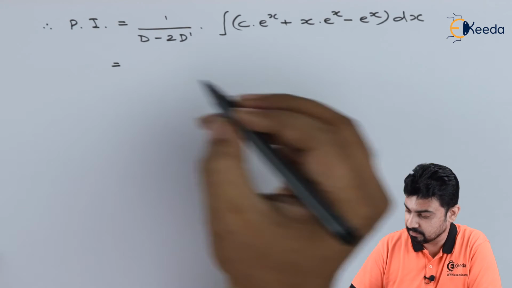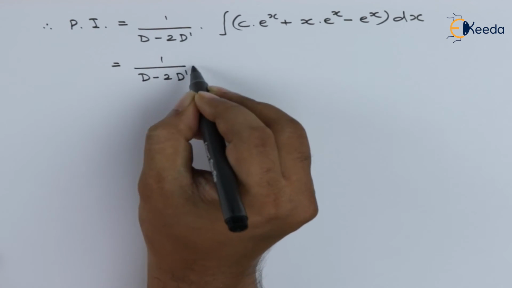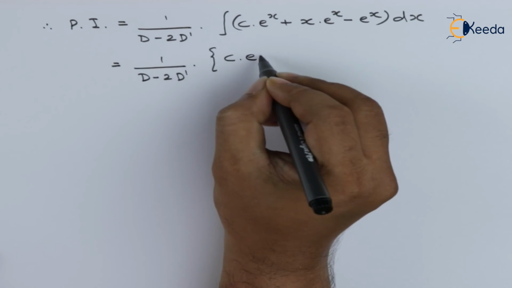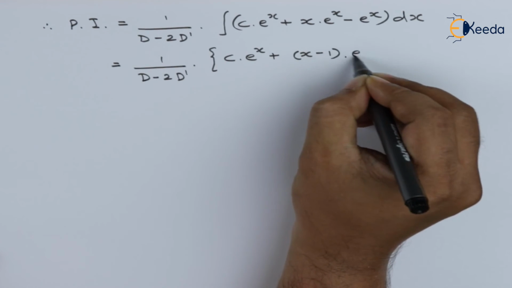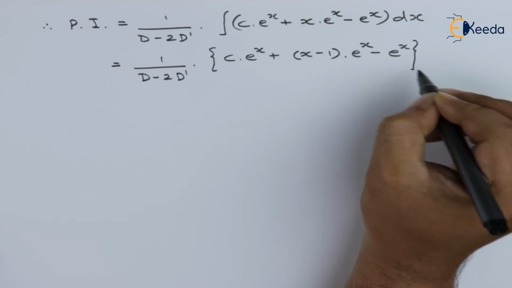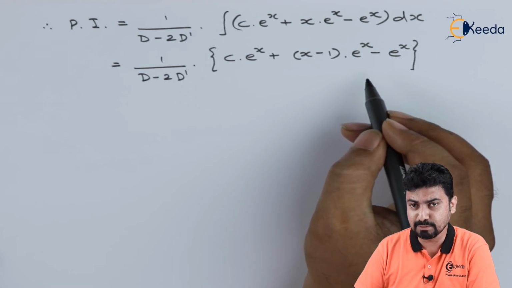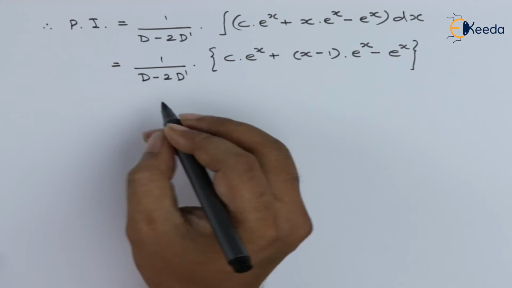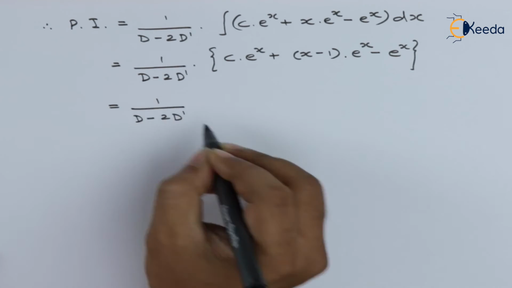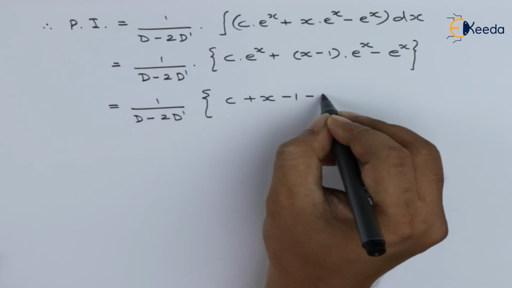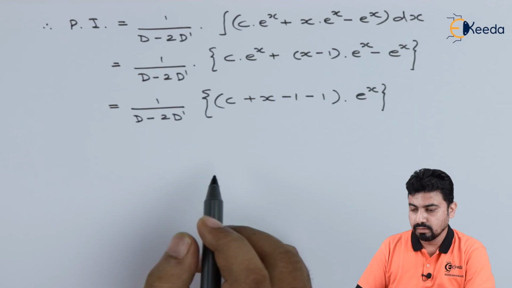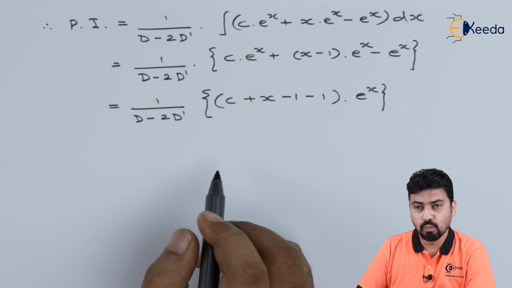Let us write the answer. This is the final answer after integration. Simplifying this and resubstituting the value of c, now we had substituted y is equal to c plus x.